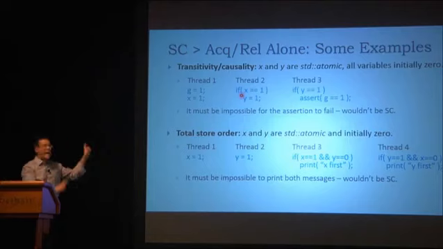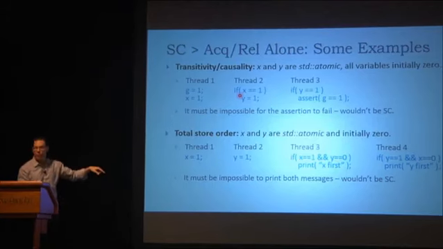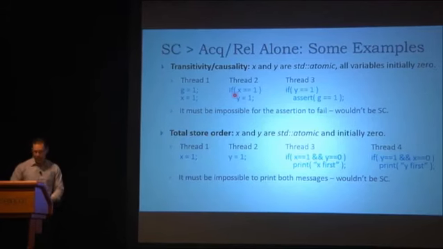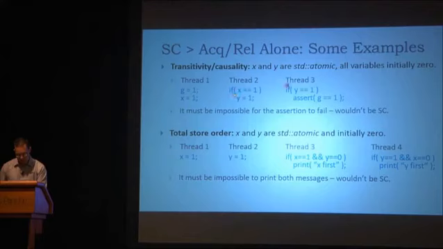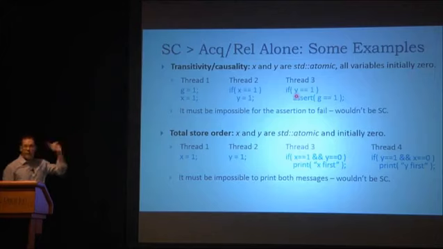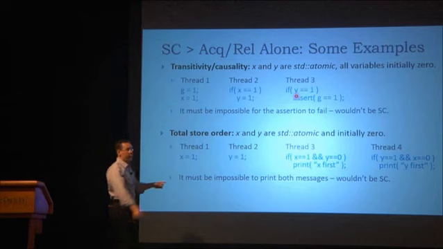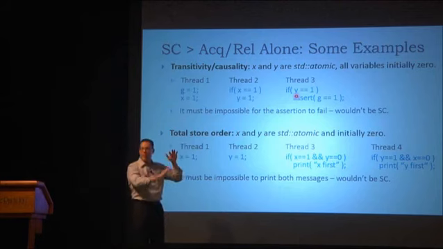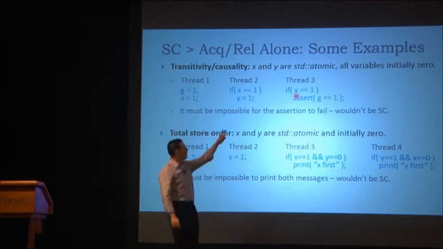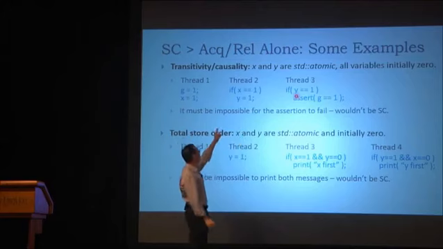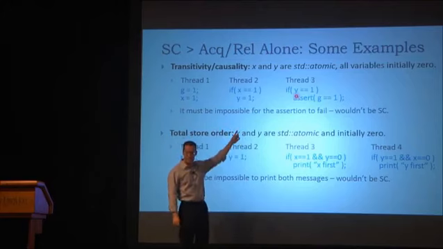If thread 2 runs after thread 1, then this will be true, right? And it'll set y equals 1. And finally, if thread 3 runs after thread 2, it's going to see if y equals 1. Then it is going to assert that g is also 1. Now, logically, this had better be true, right? Because from a sequentially consistent reasoning, if I reason only about source code order, if I, in thread 3, see y equals 1, that means I know that thread 2 got to that write.